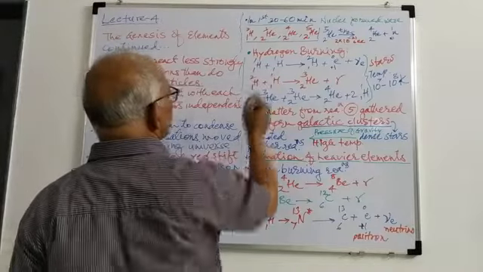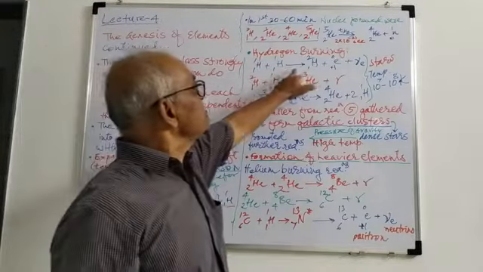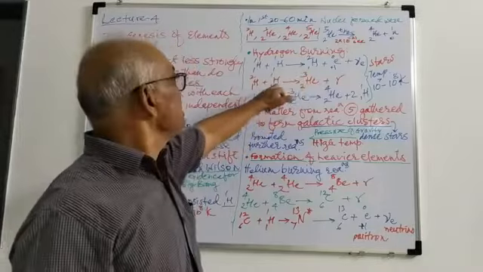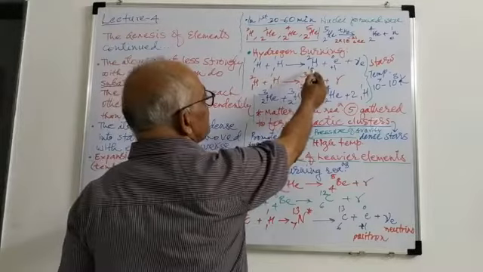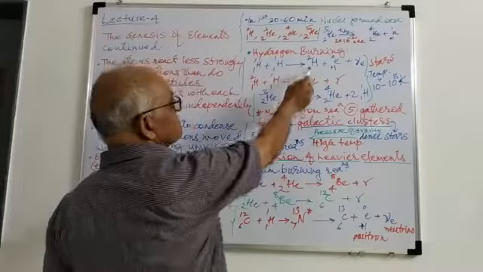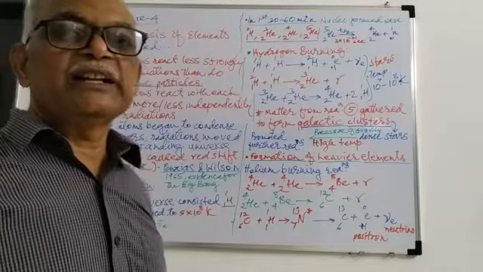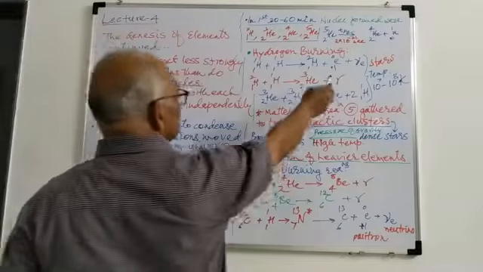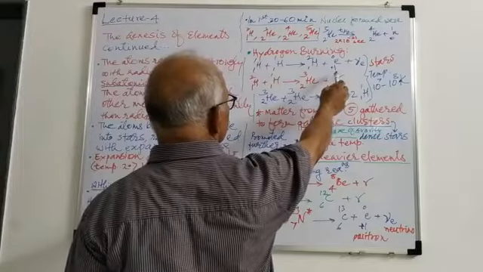When two protons undergo the fusion process, they are converted into deuterium, that is 1H2, with the emission of a positron.